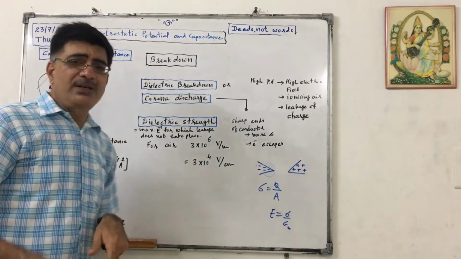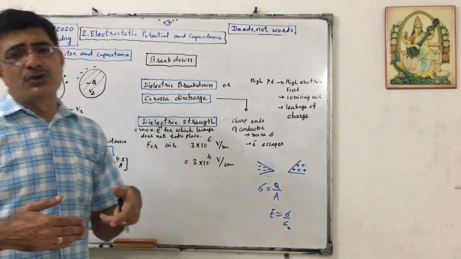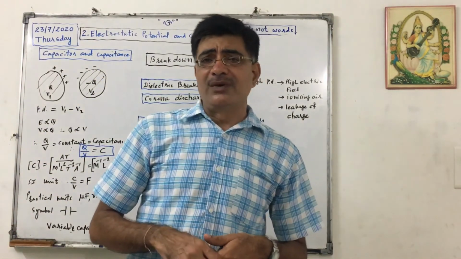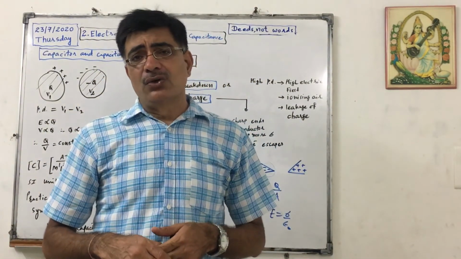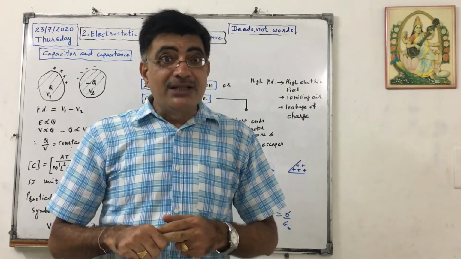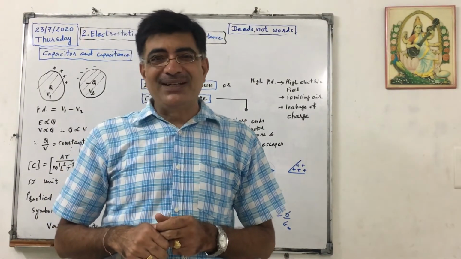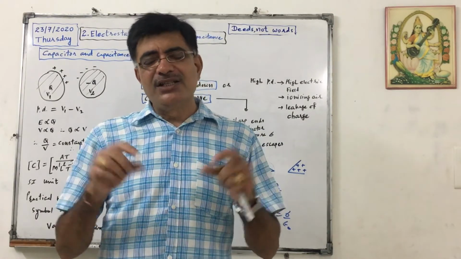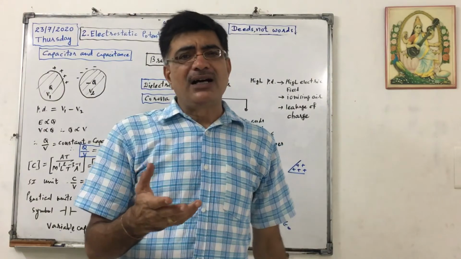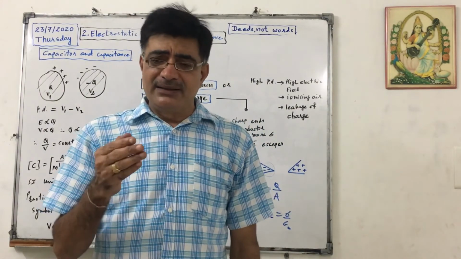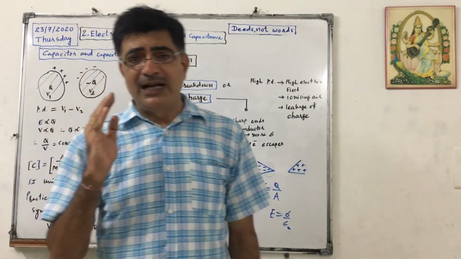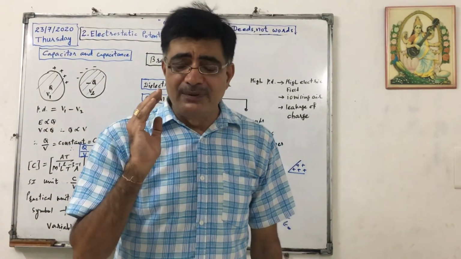If we keep on increasing the stored charge, the electric field will be stronger, so it will ionize the air, and the newly deposited charge will be cancelled. That is called leakage of charge. If the edges of the plates are very sharp, sigma, the surface charge density, will have a very high value, so the electric field will be very strong.